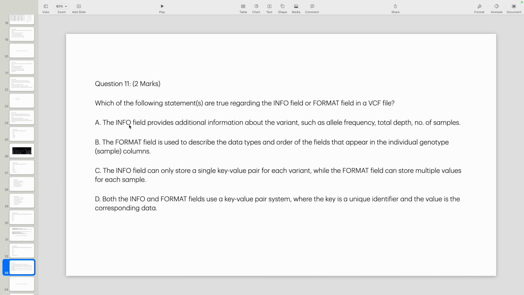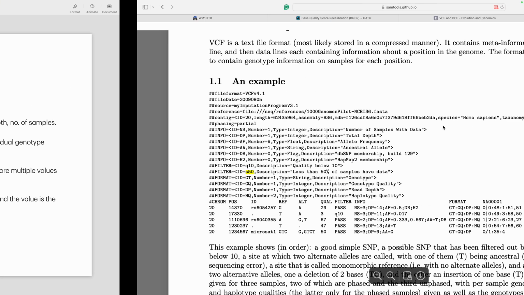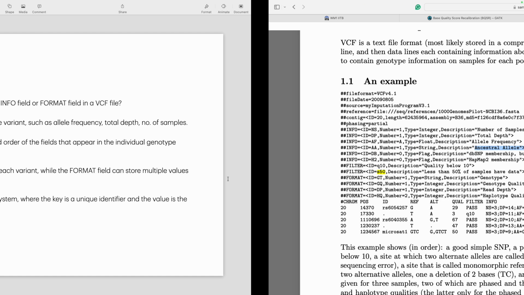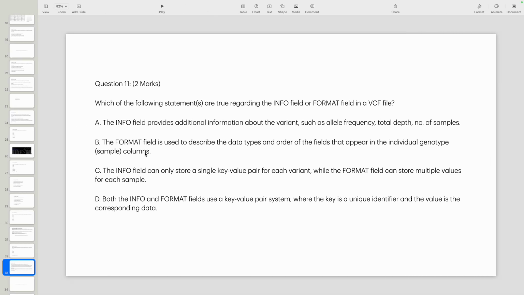The first option states that the info field provides additional information about the variant such as allele frequency, total depth, and number of samples. So here you can see that the info field can provide the number of samples, the total depth, the allele frequency, ancestor allele, SNP membership, and other information. So this option is correct.